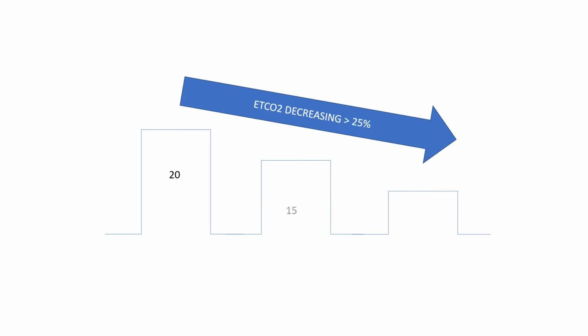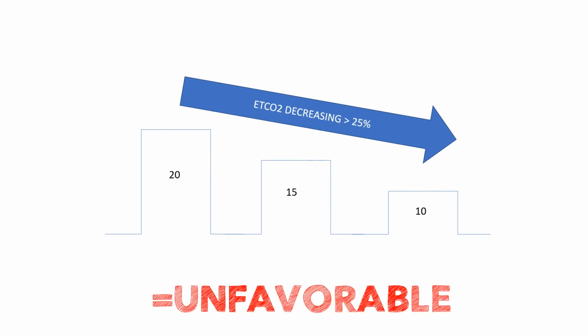So if it goes from 20 to 15 and then it goes to 10, that's decreasing greater than 25%, and that is unfavorable. But there's a caveat. We also have to make sure that our CPR quality is staying consistent. So we need someone with eyes on that person performing CPR, and honestly, that should be the job of everyone on the resuscitation.